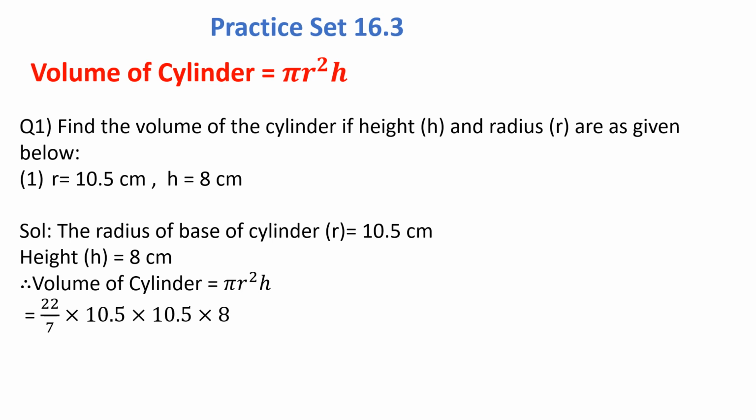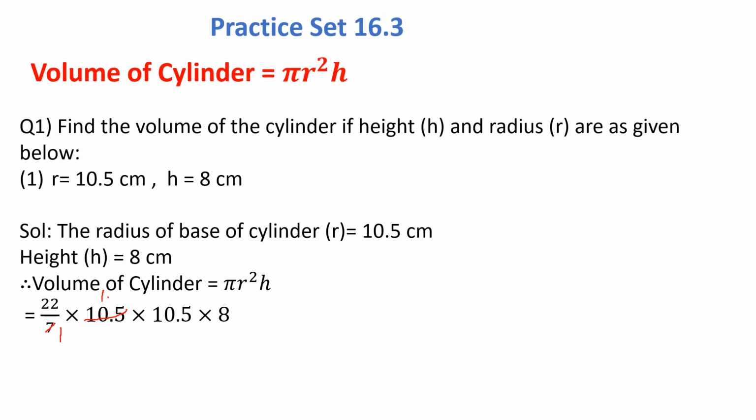Now students, you can simplify. You can cancel 7 and 10.5. If you remove the decimal, it becomes 105. So 7 ones are 7. Now if you take before the decimal, 10 is there. So 7 ones are 7. You write down 1. So 10 minus 7, 3. Then the point is there, so you'll introduce the point here.